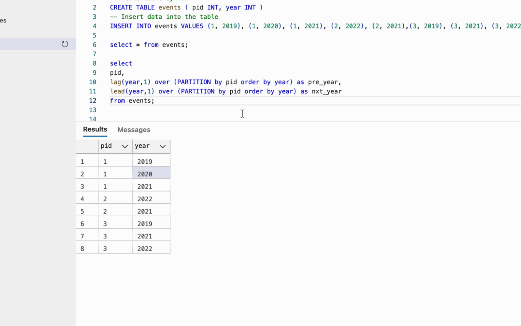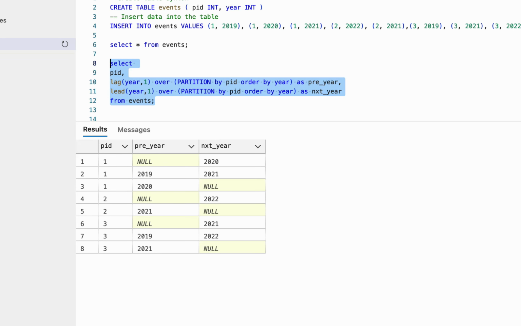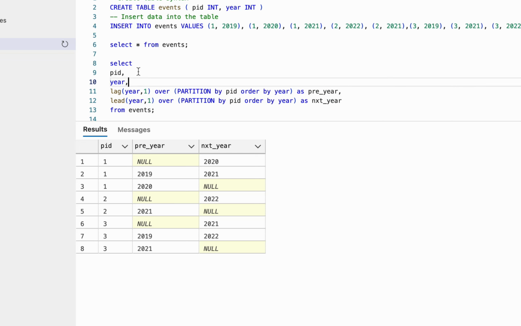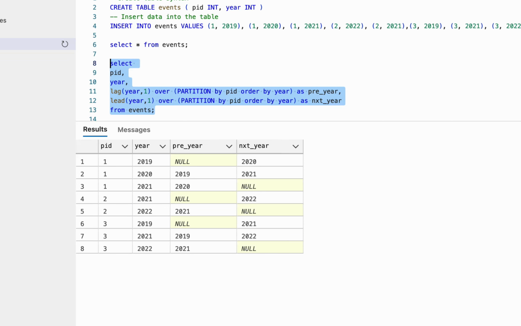Now let's run this, and also we need the year. So now you can see we have the current year, previous year as well as next year in the same row.